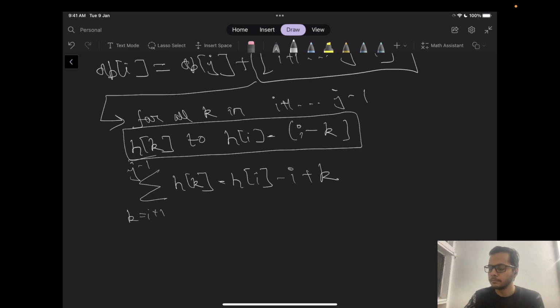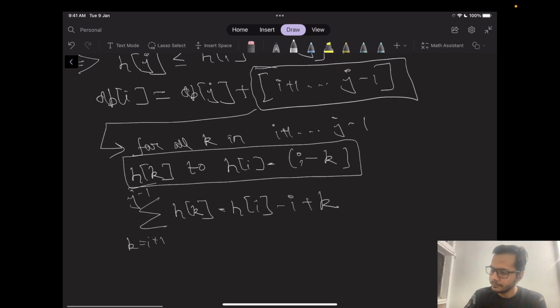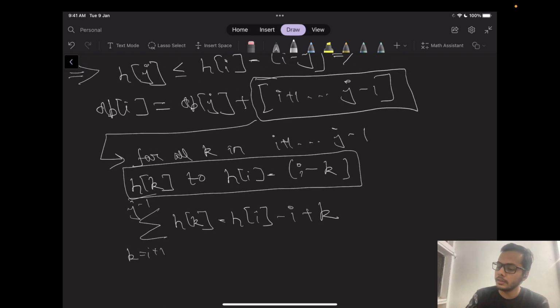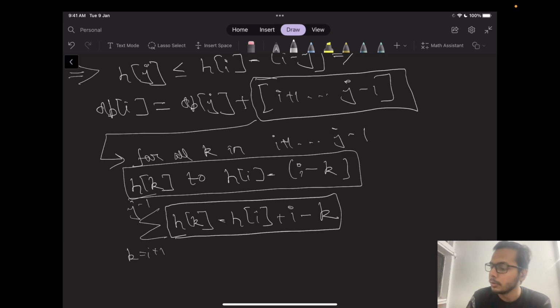Essentially you have h of k and you are converting it to h of i minus i minus k. Sorry, this would be plus i minus k. So this is what your cost is going to look like.